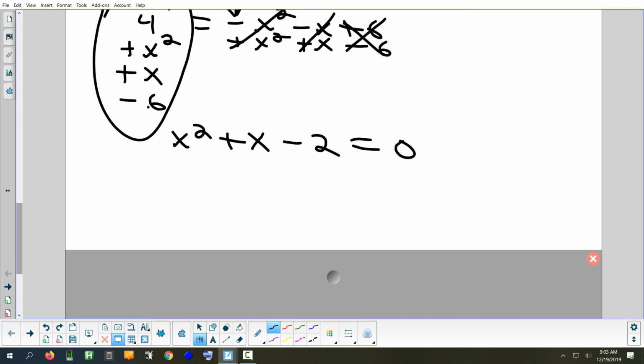You can either factor it, if it factors, or if it doesn't, what could you use if it doesn't factor? You're going to have to use the quadratic formula, which we all remember. So let's try to factor it and see if it does factor. Right? What's the first thing I write down anytime I have to factor something? It doesn't even really matter what the numbers are yet.